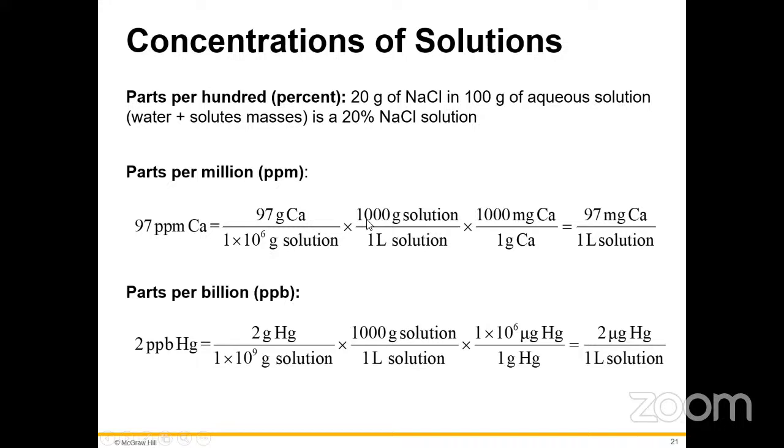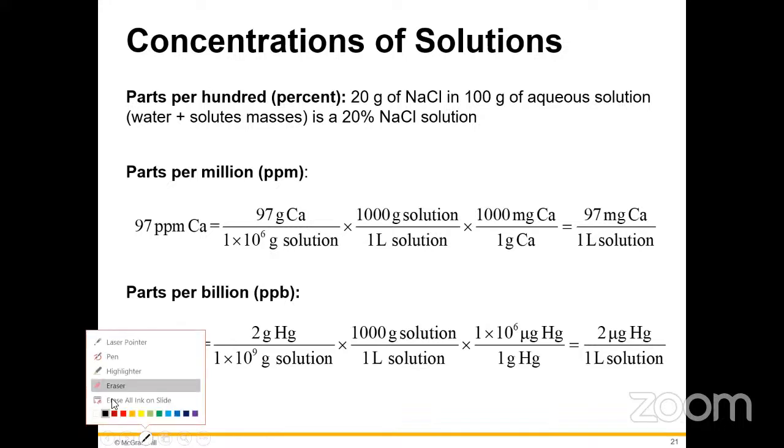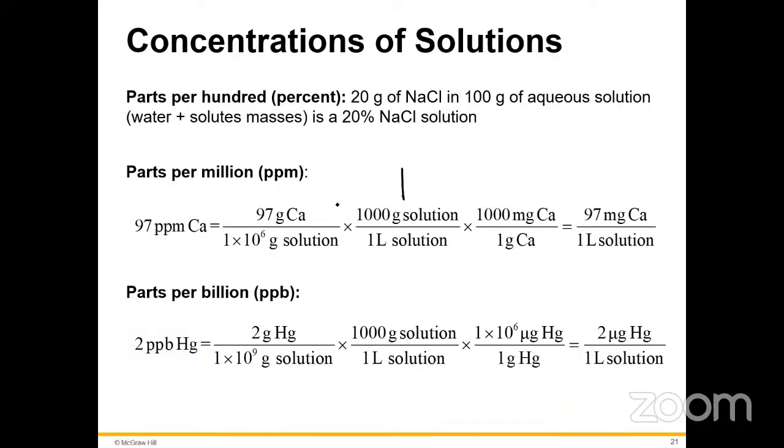We multiply first by this, which is basically the density of the solution. And then once we get the mass of the solution, the grams of solution here and here will cancel out.